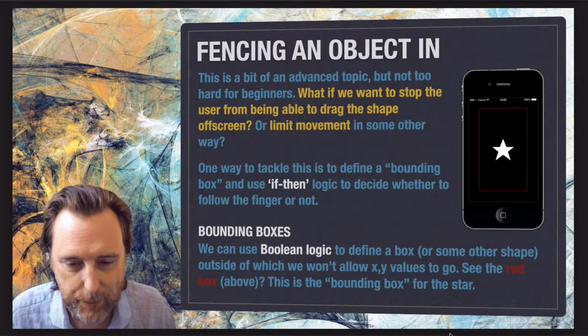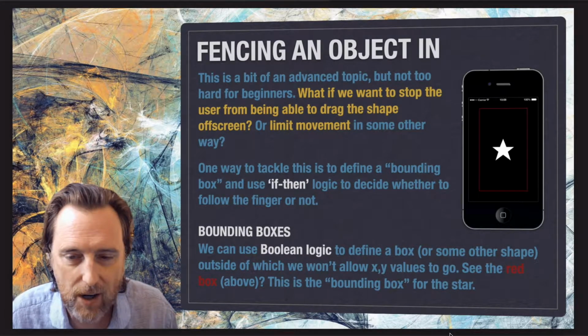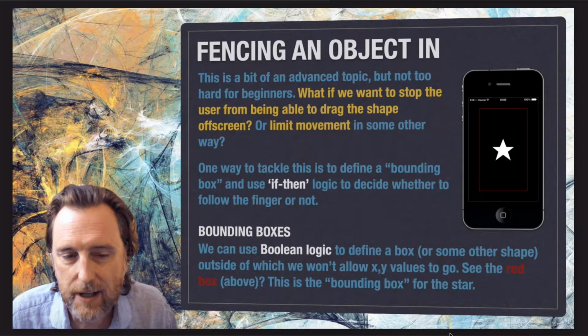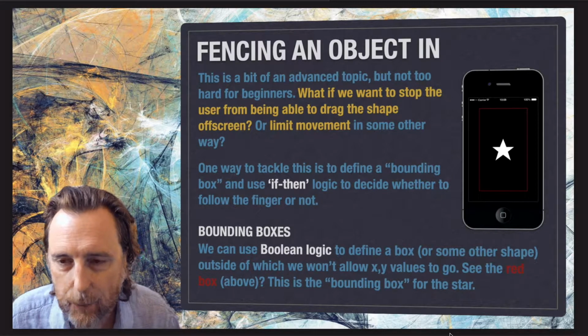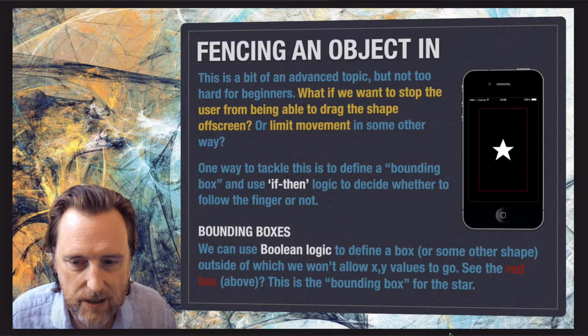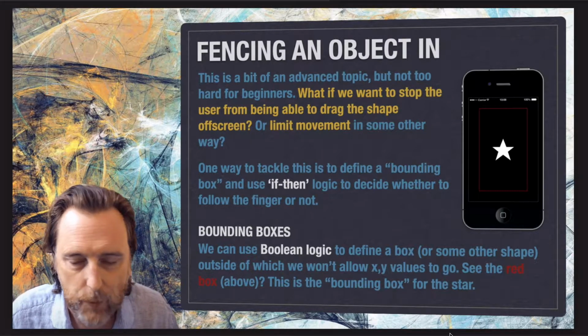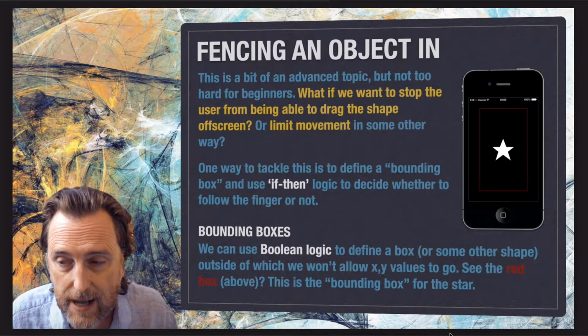To have it disappear completely would be kind of odd. So the next topic is, essentially, how would we limit the range where something can be dragged? What if we have a playing area in which they can drag something, but we don't want them to be able to drag it out of that area?